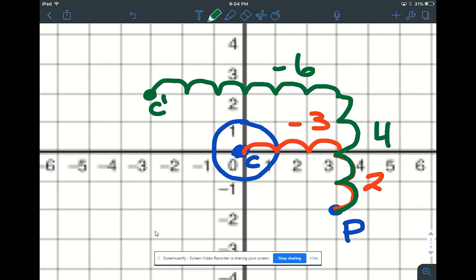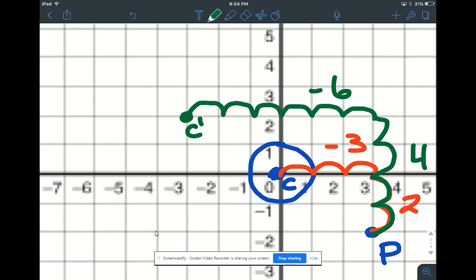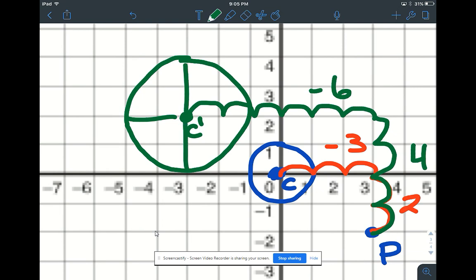So my radius for my pre-image, circle C here, was 1. Scale factor is 2, so that means I double my radius. So I'm going to have a new radius of 2. So that radius would be here, 2 units away everywhere you go. See that? 2, 2, 2.